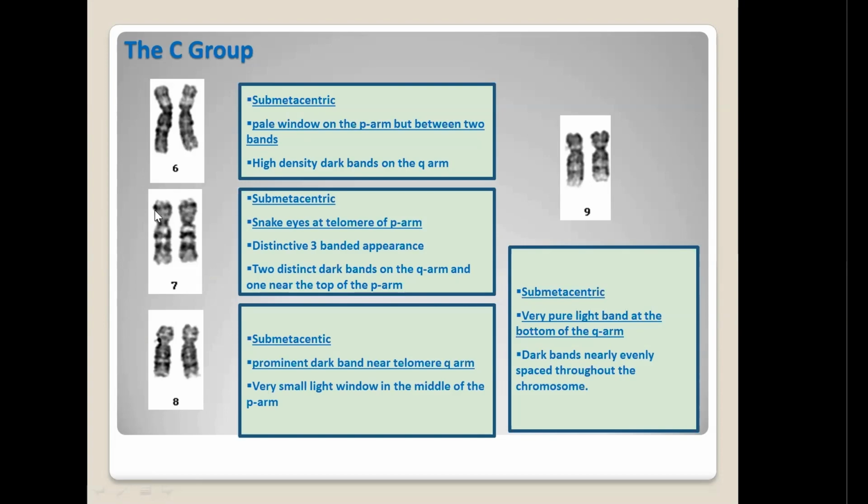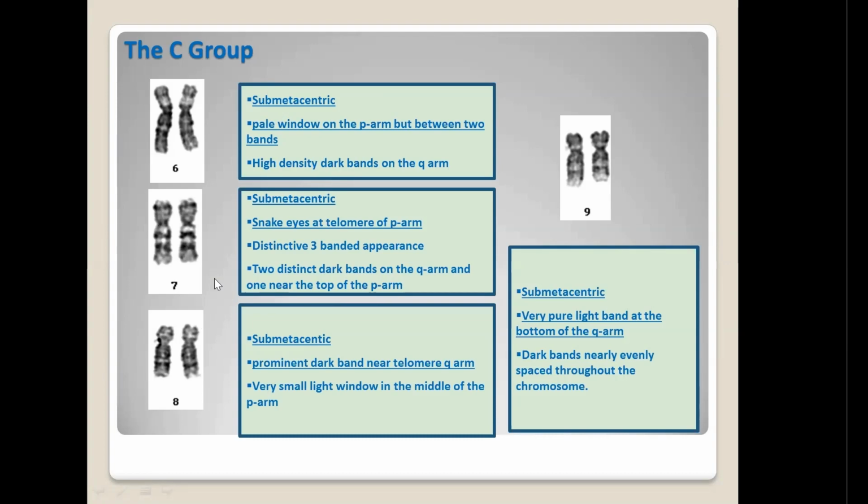If we see, these are the snake-like eyes present on the telomere side of the P arm in chromosome 7. Although that is enough to identify, additionally, there are two dark bands on the Q arm. So we can also say that chromosome 7 has a distinctive three-banded appearance.